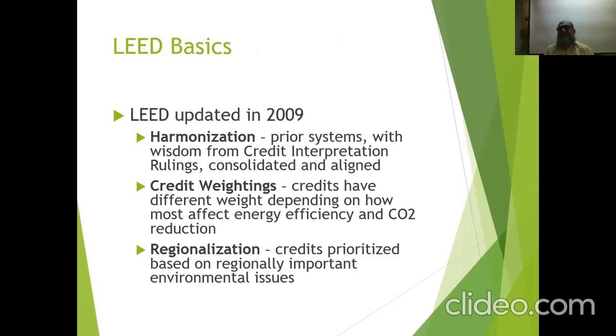When LEED certification was updated in 2009, it was about harmonization, credit ratings, and regionalization. Harmonization means the prior systems of LEED, with credit interpretation rulings, were consolidated and aligned according to the objective of green building.